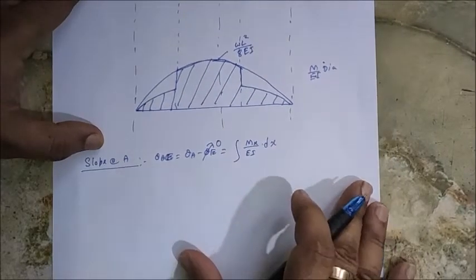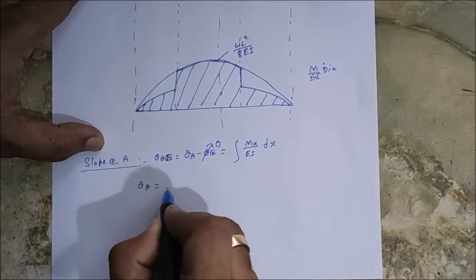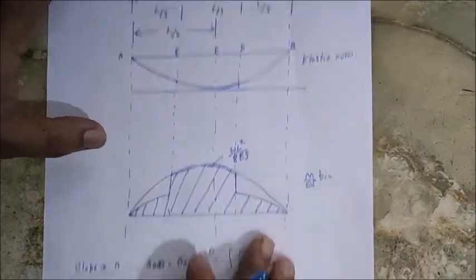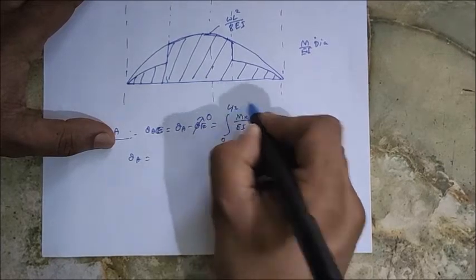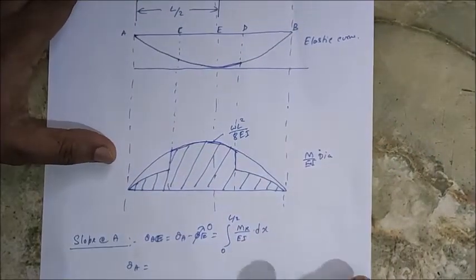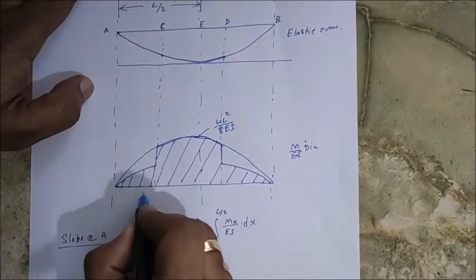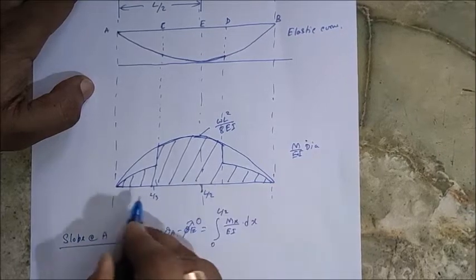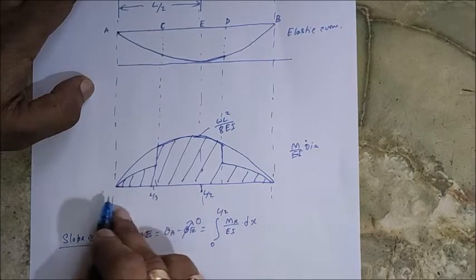Now give the integration range here. Therefore theta A is equal to the integration over 0 to L by 2. Here this is L by 3 and this is L by 2. Since the EI value is changing, I cannot do it directly from 0 to L by 2.